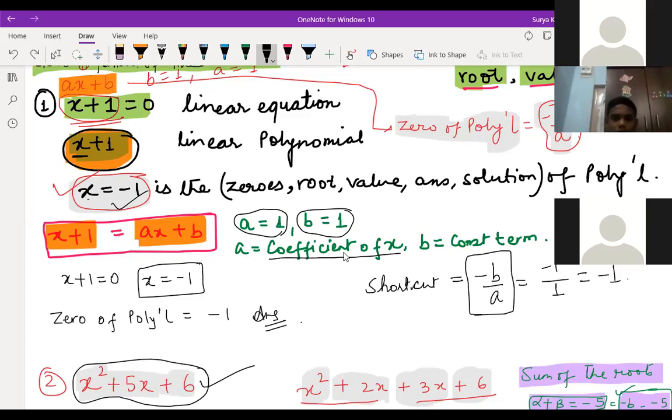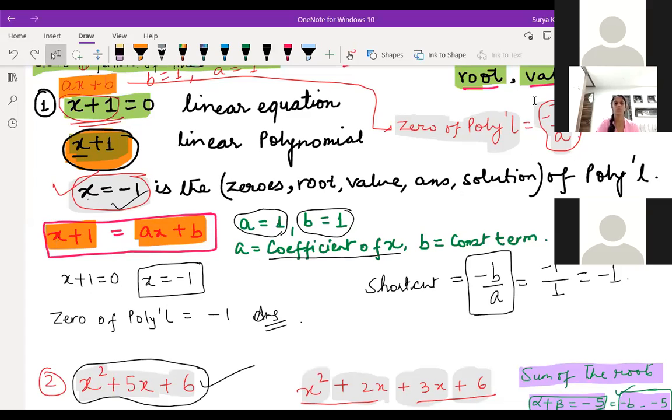So this is linear and nobody is going to ask for linear. Mainly your questions start from quadratic. The power of the variable matters: if the variable's power is 1, you get only 1 root. If the power is 2, you get 2 answers.